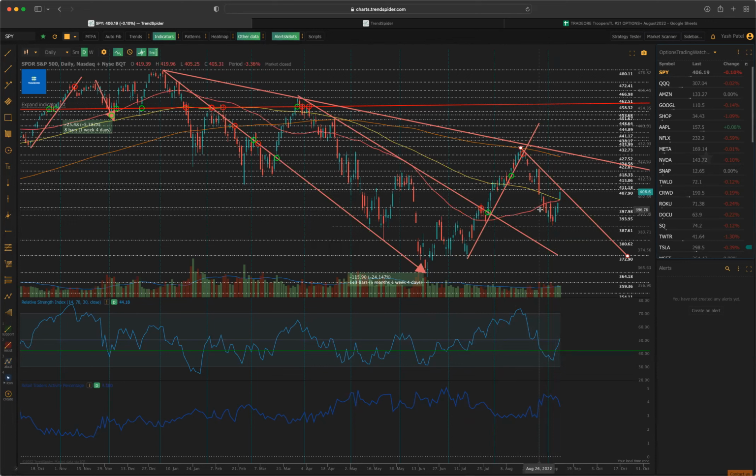It was more challenging than usual, mainly because even though it ran into resistance here, the range was great on SPY, but individual names were not that great. They would drop a lot pre-market, continue to drop, then find support and trade sideways for the rest of the day.